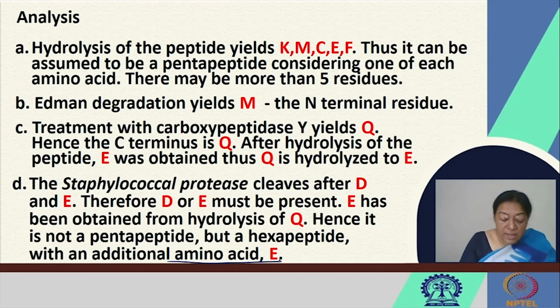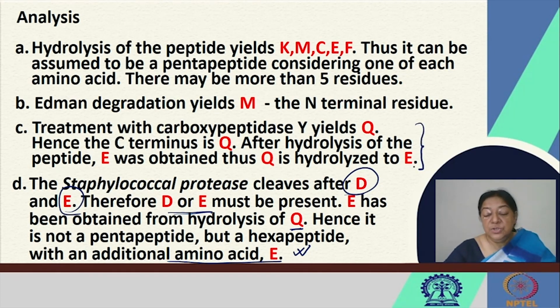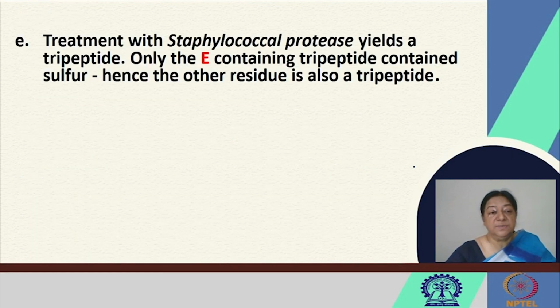So, the Staphylococcus protease cleaves after D and E. Therefore, D or E has to be present. E has been obtained by hydrolysis of Q, which indicates that this is not a pentapeptide but a hexapeptide with an additional E, because after hydrolysis of this, we also got E. So working this out, we have the E containing tripeptide that contains the sulfur.